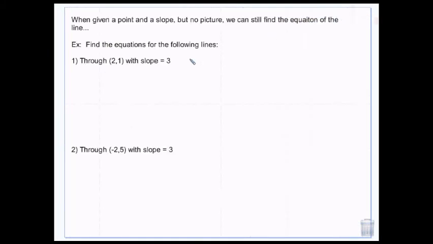Okay. We're not given a picture, we're just given a point and a slope. Okay, but it's the same process. This is x, this is y, this is m. What I'm missing is b. So it's the same steps.